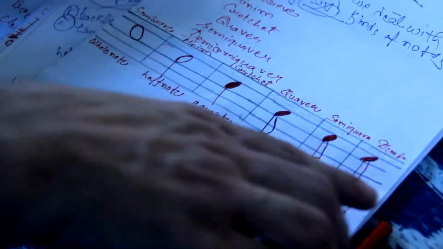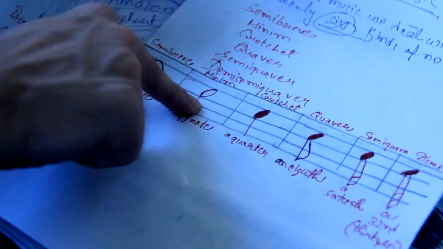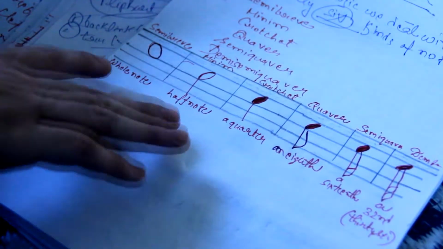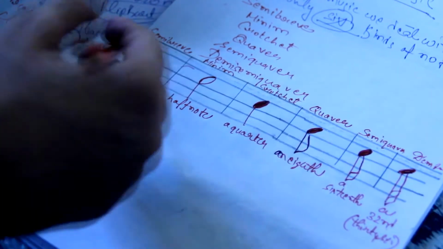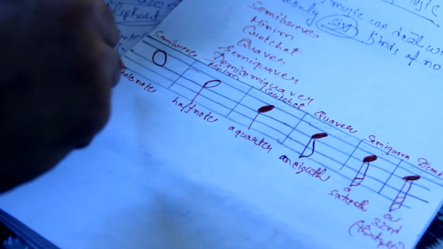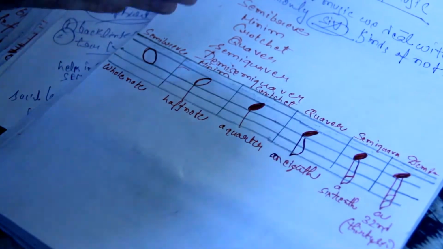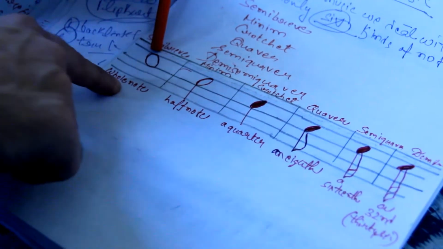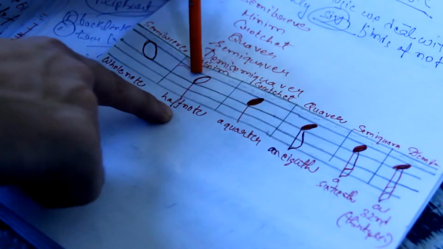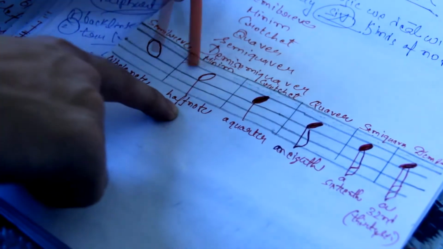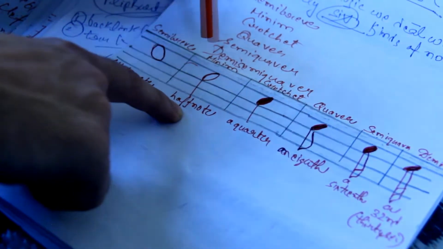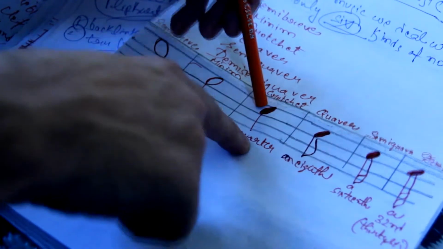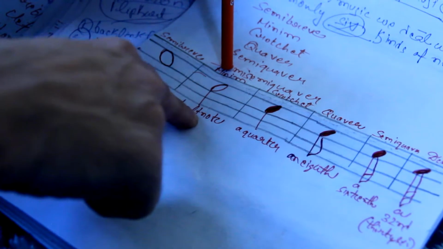Now let me explain the whole thing. This is a semibreve, a minim, a crotchet, a quaver, a semiquaver, a demisemiquaver. You can notice one thing: as we go from this side to this side, this is a whole note, this is a half note, halved, and the crotchet is half of that, so it's a quarter.